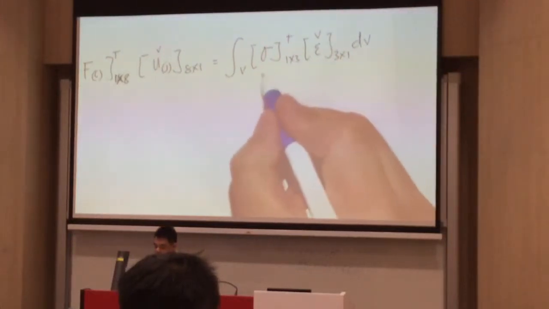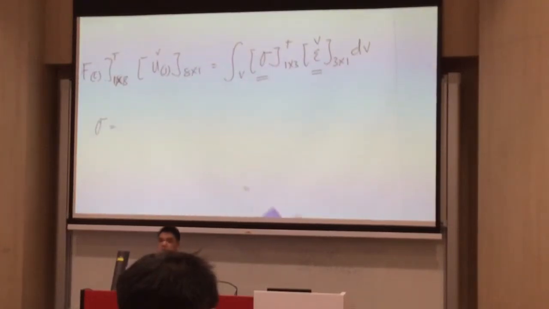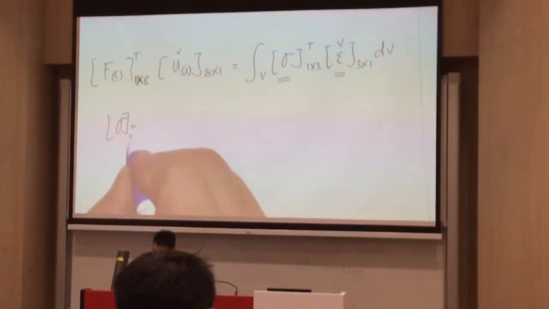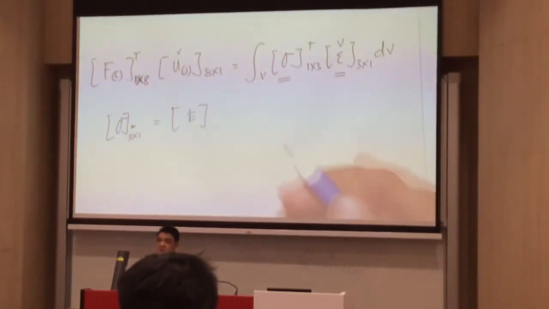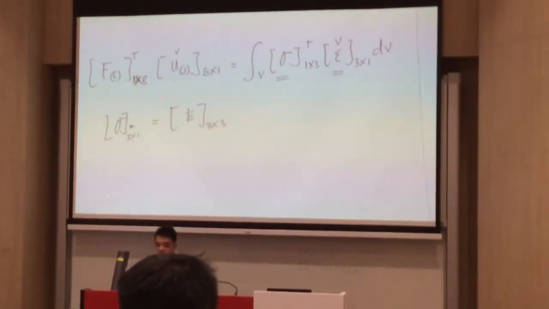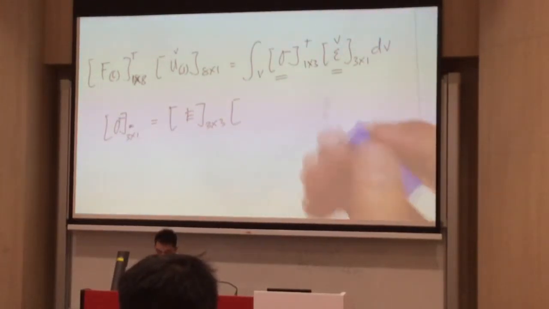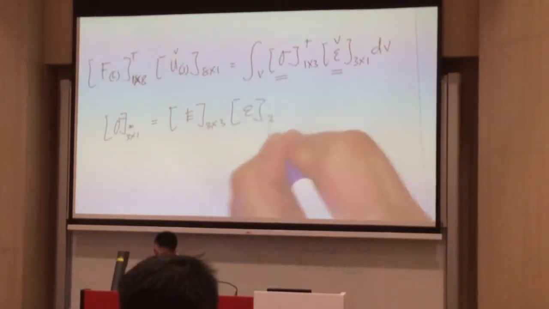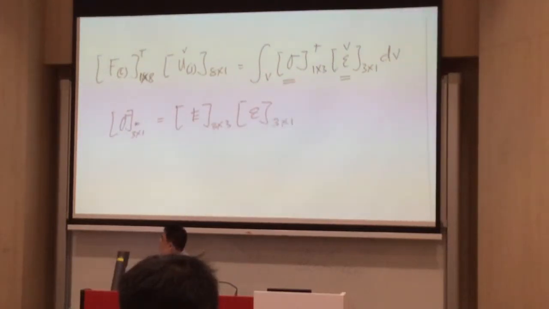Your stress will be equal to, if this is a 3 by 1, E, which is a 3 by 3 stiffness matrix, sorry, Young's modulus matrix, multiplied by your strain, 3 by 1. So we can substitute this one into this one later.